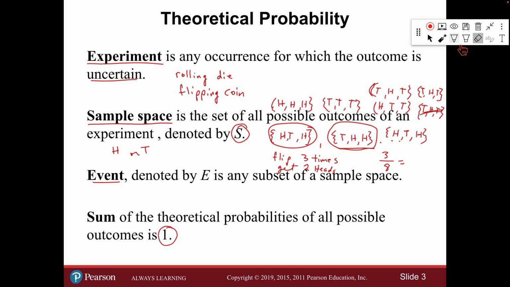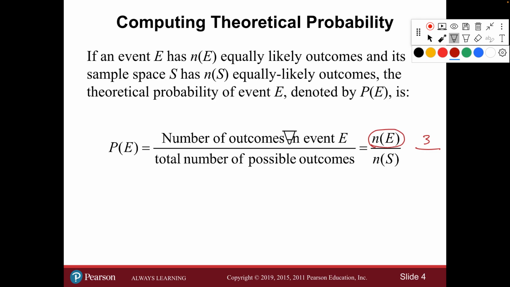I was thinking of something like that, but it's been a while. 40 years. There we go, which is a 37.5% chance. 3 here, 3 there, 2 there. Okay, so the probability of getting 2 heads, we counted there was 3. The number in the sample space was 8, so our probability is 3/8.